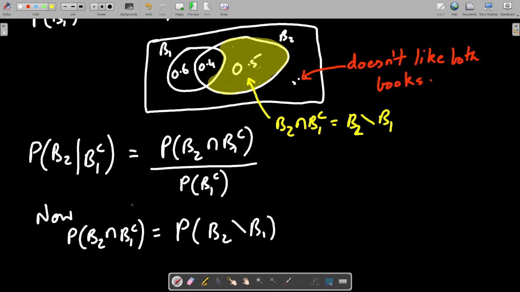What will this be? I will calculate this number.